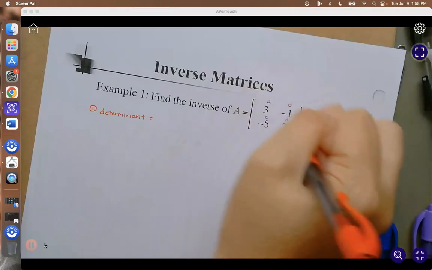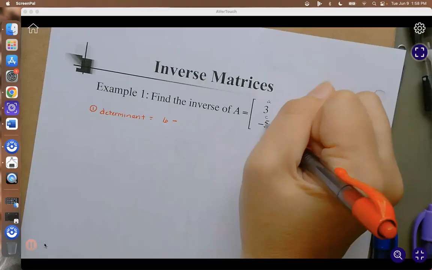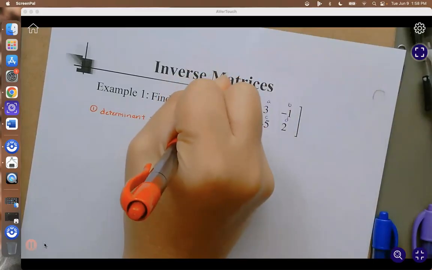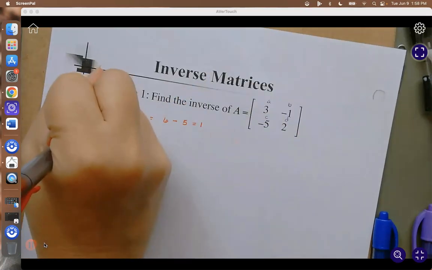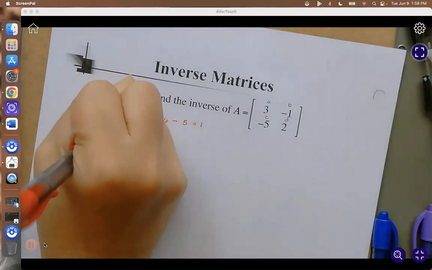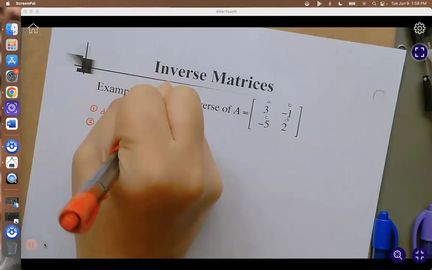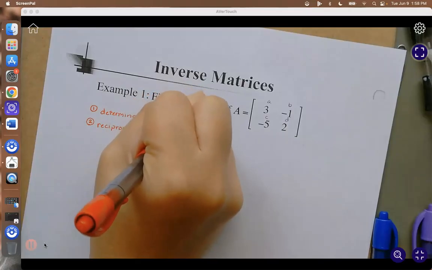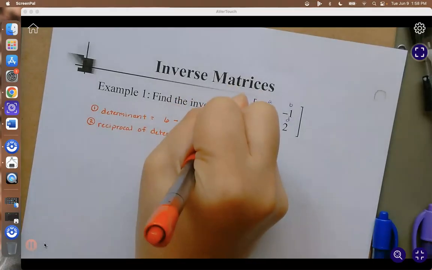And that's going to be 3 times 2 is 6 minus -5 times -1 is 5. So the determinant is 1. Step 2, do the reciprocal of determinant. So that's going to give me 1.